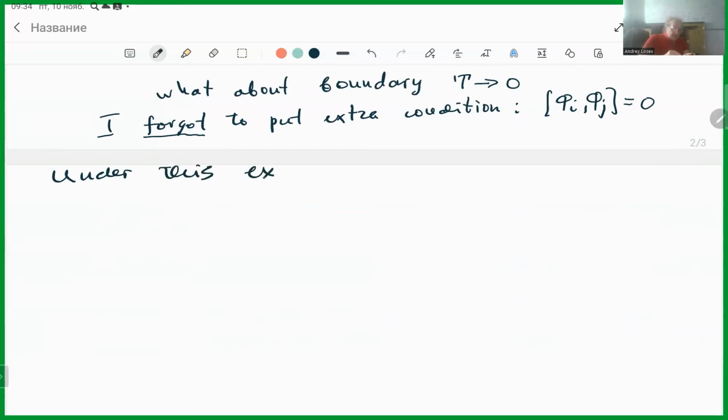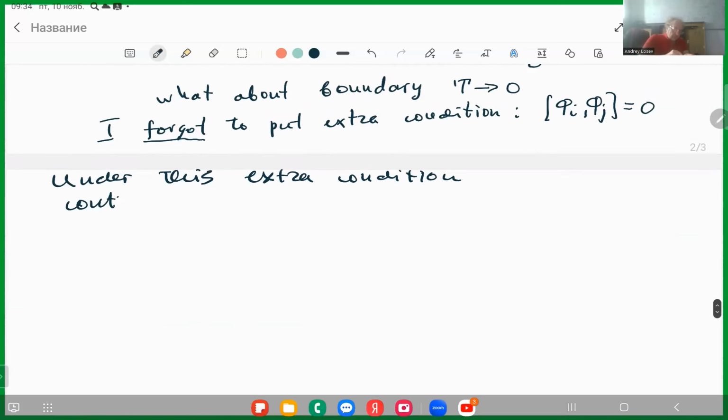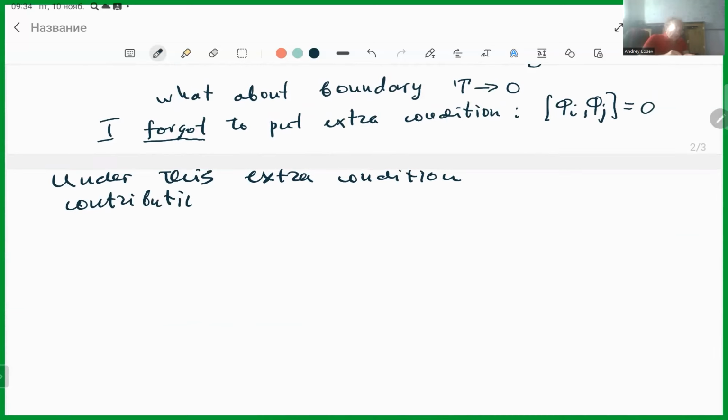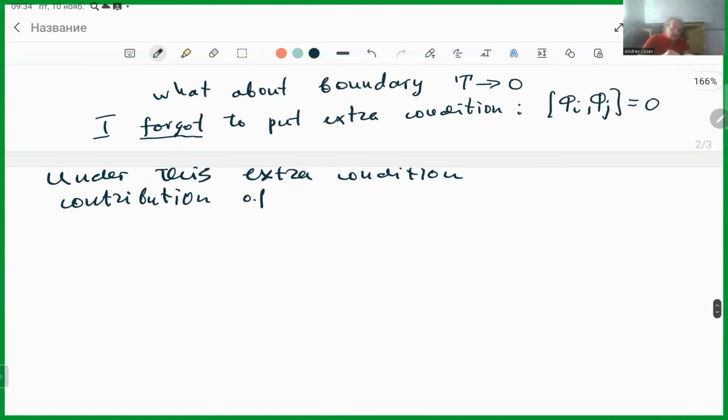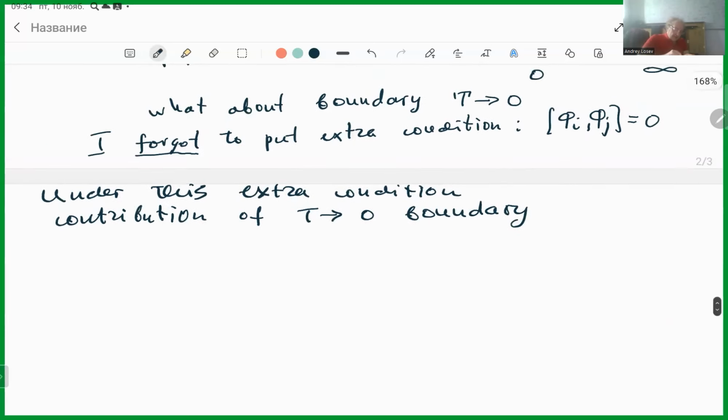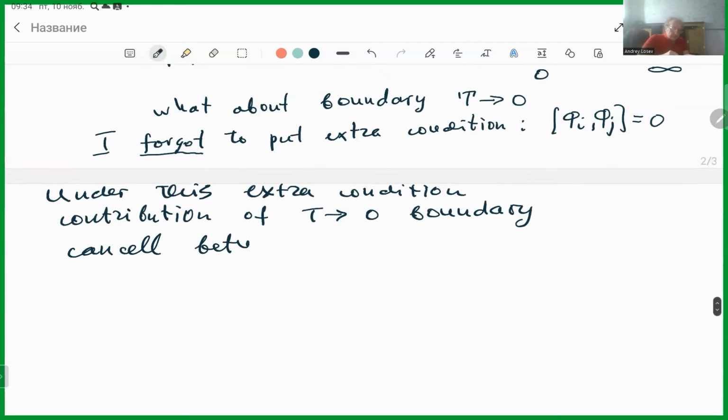Under this extra condition, the contribution of the T going to 0 boundary cancels between the two copies of R plus.